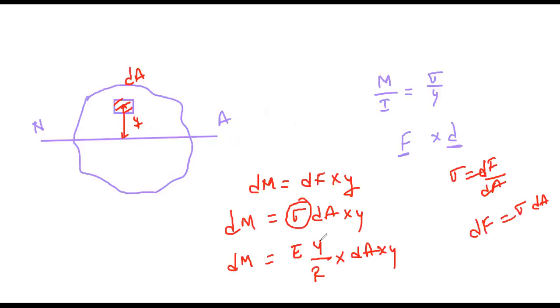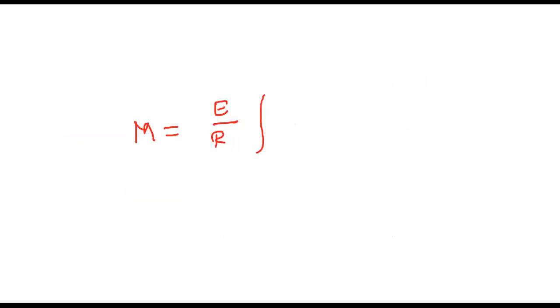If I integrate this, I'll get moment M is equal to E by R. Why E by R? E by R are constant values. Young's modulus is the property of the material and R is the radius of curvature. Then y into y is y square, so y square into dA.